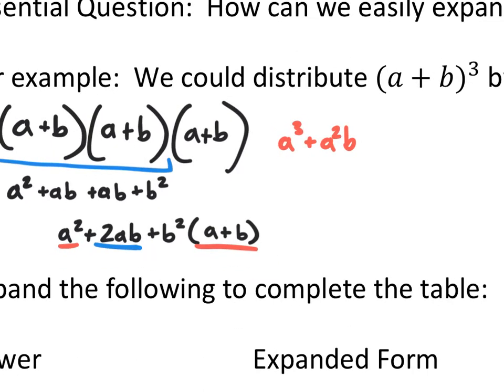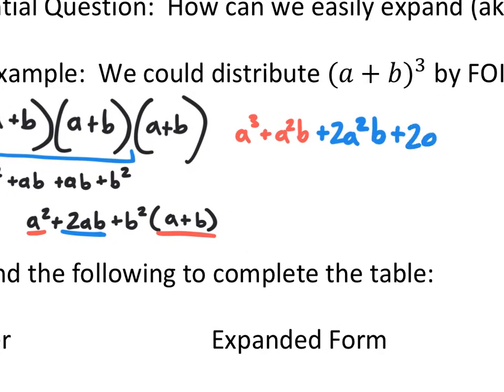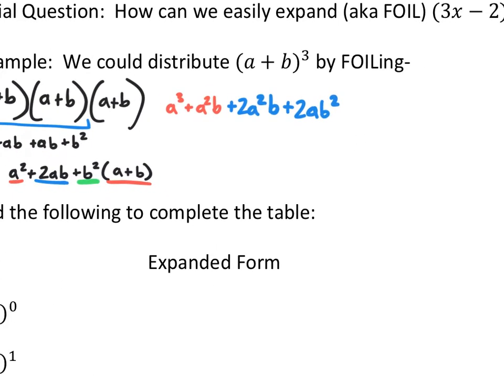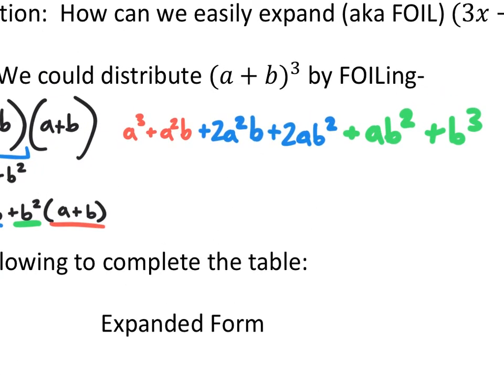Then when I multiply this one, we'll get plus 2a squared b plus 2ab squared. And then for the final one, when I'm distributing the b squared, we'll get a plus ab squared plus b cubed.